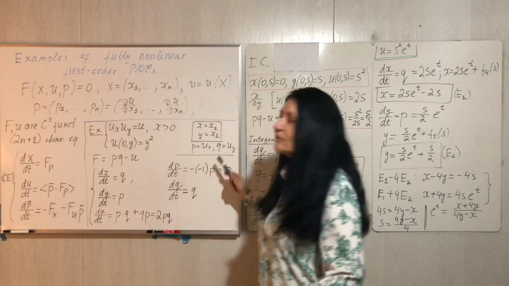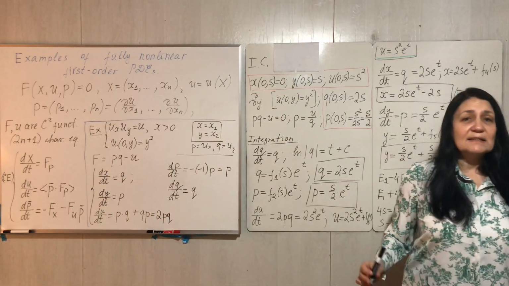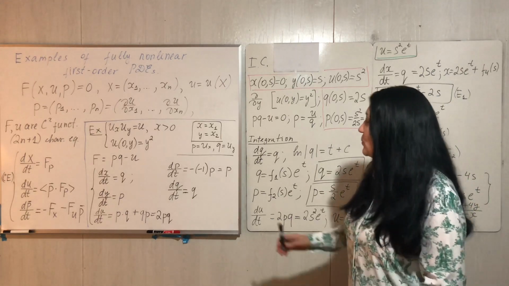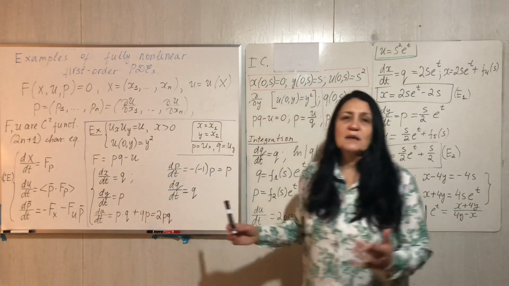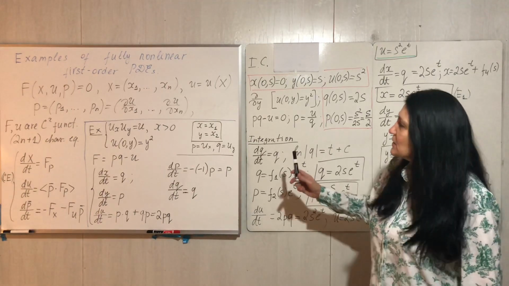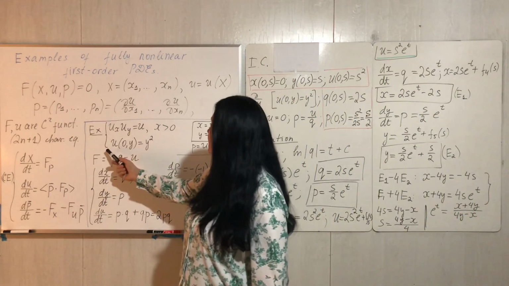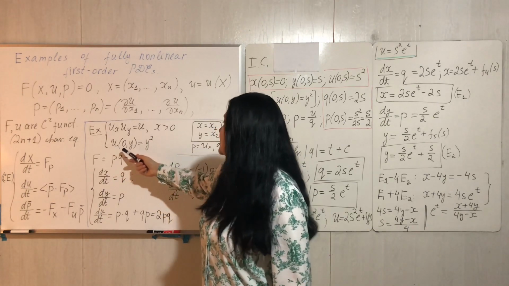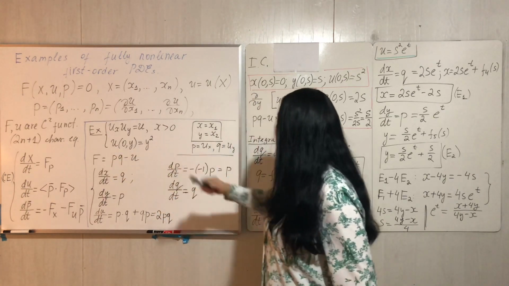So here we have our set of characteristic equations. Now for these characteristic equations we need to derive initial conditions. The initial conditions here were given as u at (0, y) equals y squared.